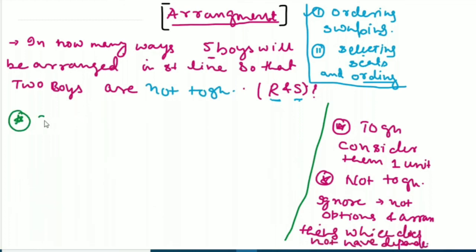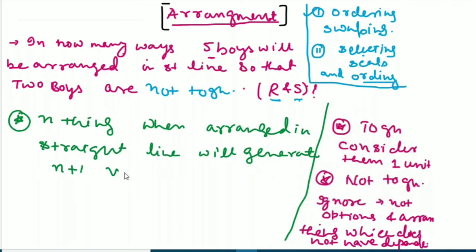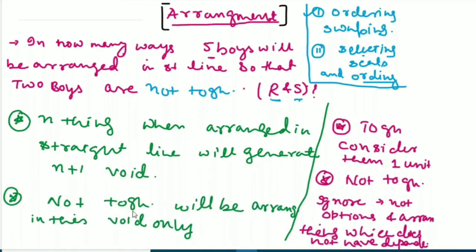Always remember, n things arranged in a straight line will generate n plus 1 voids, and the not together options will be arranged in these voids only. And the voids could be equal to the options, less than the options, or greater than the options. So all 3 cases of arrangement will come into the picture.